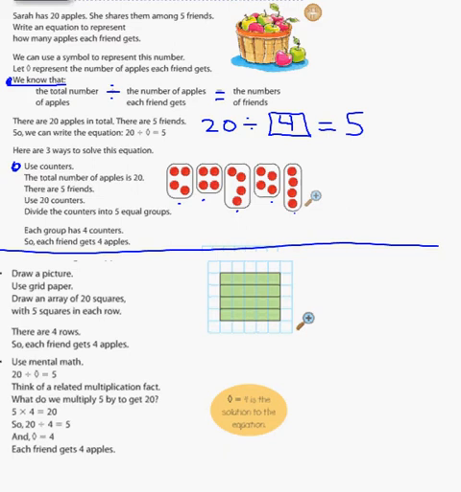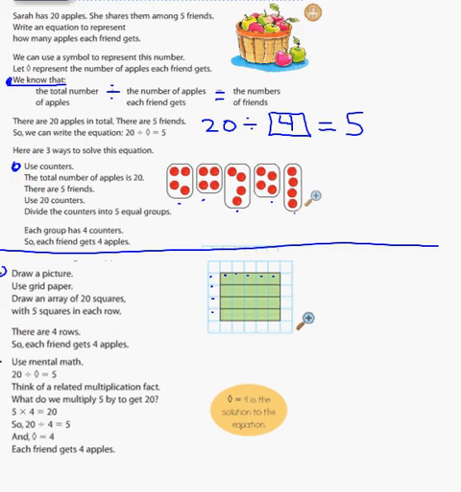Okay, next we'll try and draw a picture, and the picture is basically using a grid system, the grid paper. So if you draw an array that has a total of 20 squares, and you put 5 squares in each row, 1, 2, 3, 4, 5, there's 5 squares in each row, and if you keep counting, you'll get 1, 2, 3, 4 rows, right? 4 rows with 5 in each row is basically 4 times 5, right? 4 times 5 is 20.